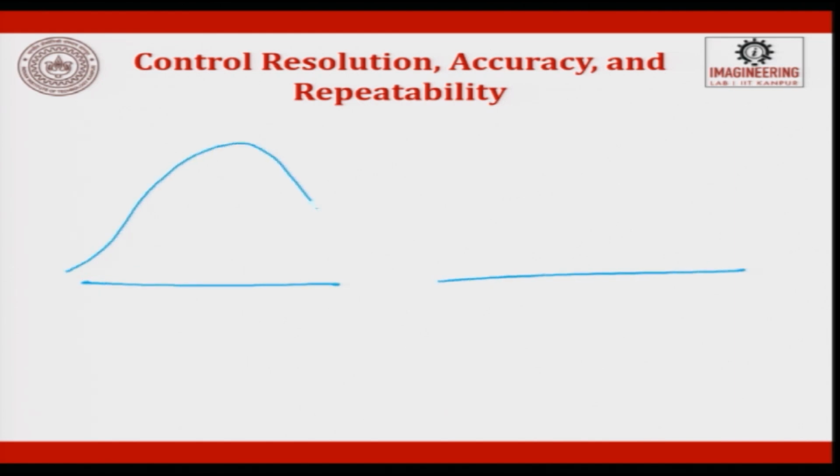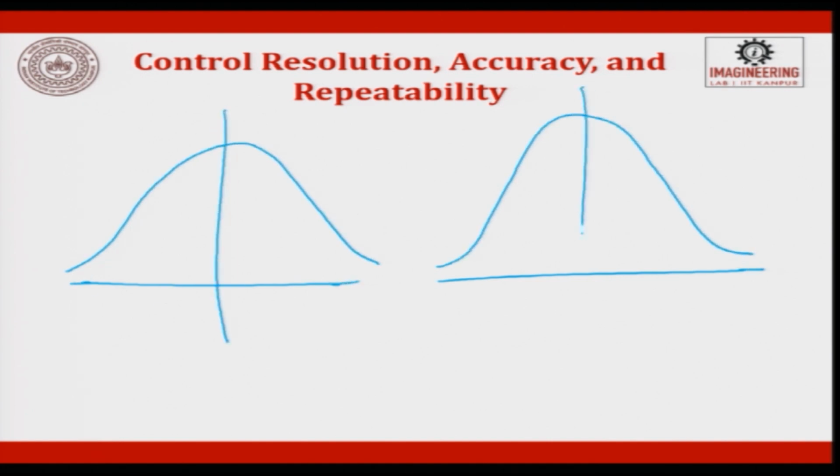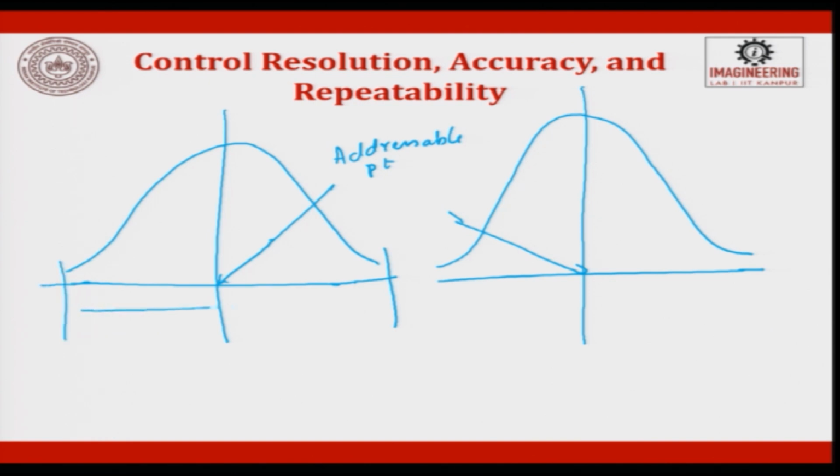If we want to represent it in a figure form, let me do it. These two are called addressable points. Okay. This is called the accuracy, which is nothing but CR by 2 plus 3 sigma.